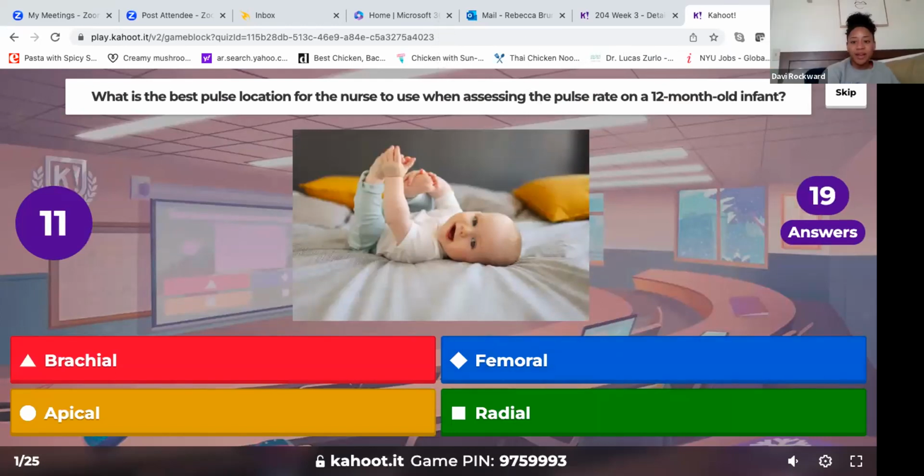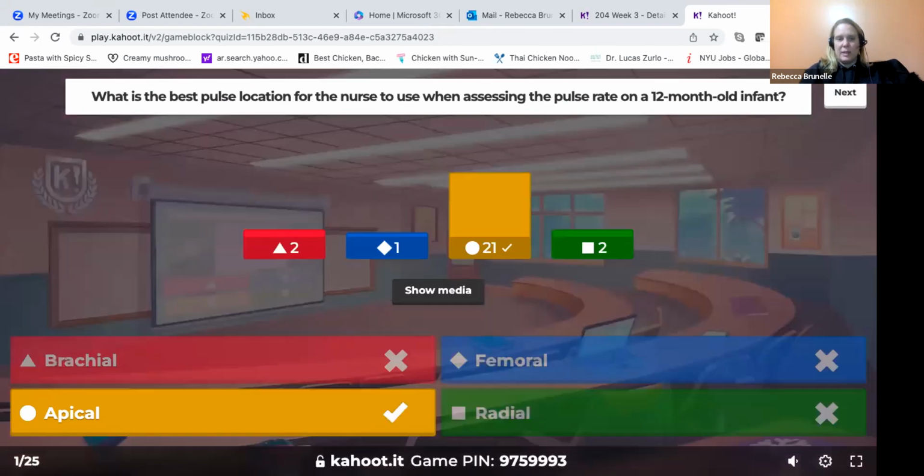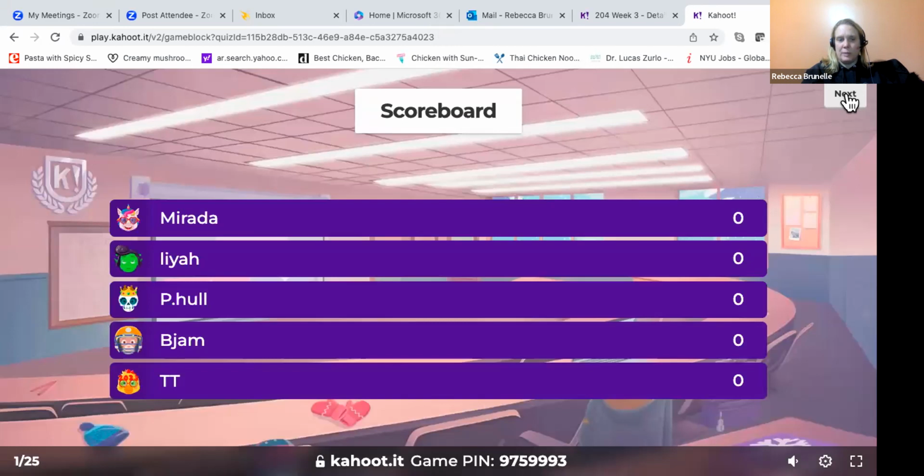Boy, y'all answering fast. Very good. So that's what we talked about. When it's under 5, you should really listen at the heart, at that apical area, to get the heart rate, the pulse.